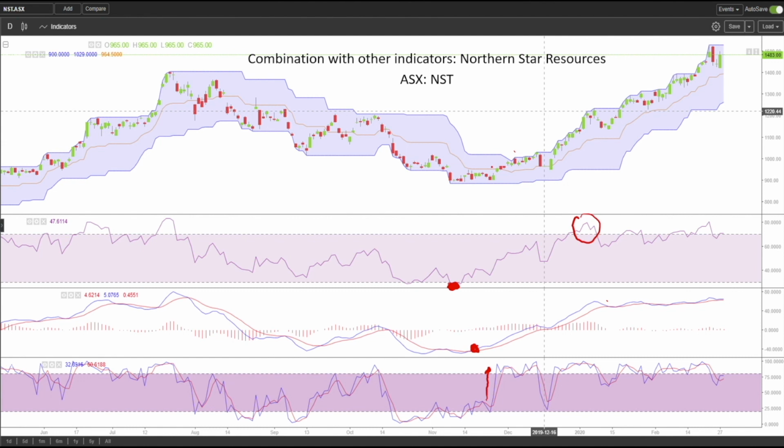And the stochastic is still trading high. Also, the volume, as of yet, hasn't flipped into negative territory. It's gotten very light, but it hasn't flipped. So even though our RSI is saying sell, we need other confirmations from other indicators before we will actually lock in our profits or put that sell indicator there.